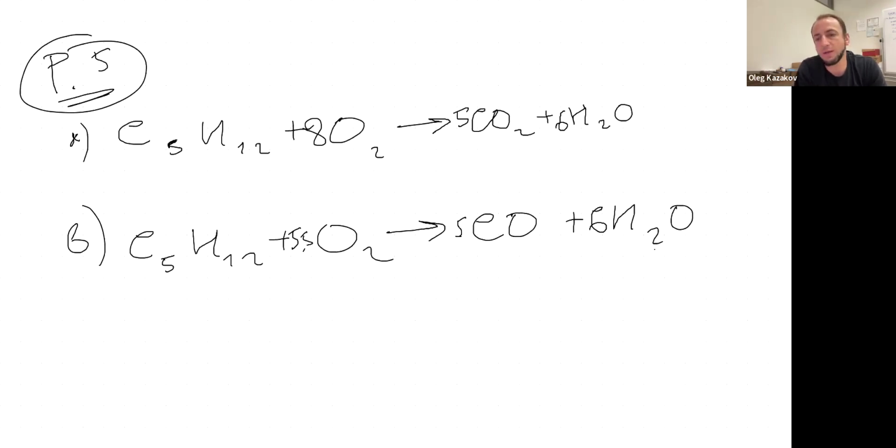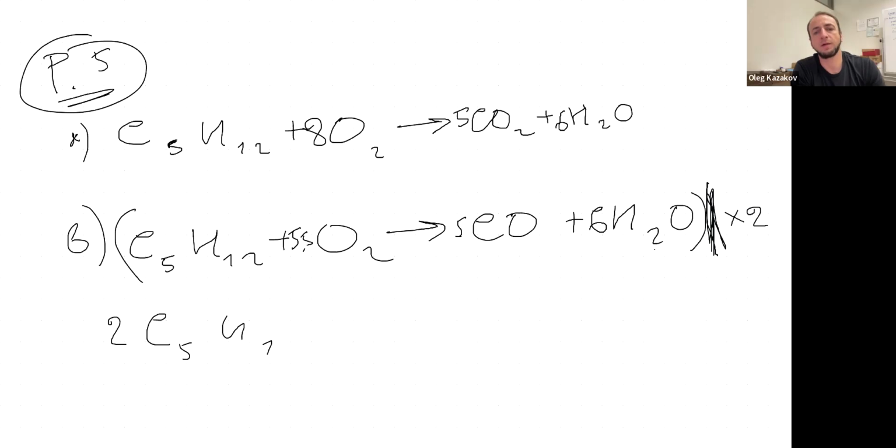So let's do that. You can show an arrow at the end of the equation and then multiply by 2. It means that you're going to multiply the entire equation by 2. So then you're going to have 2C5H12. 5.5 multiplied by 2 becomes 11 O2, this is oxygen.